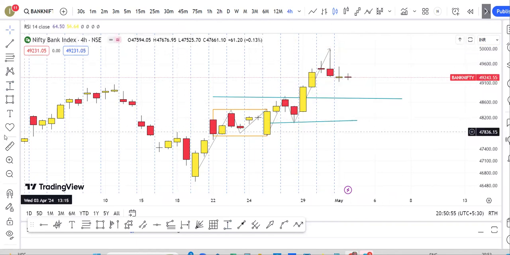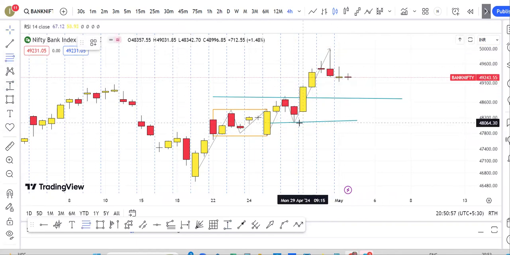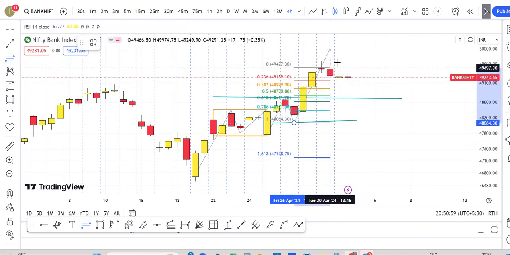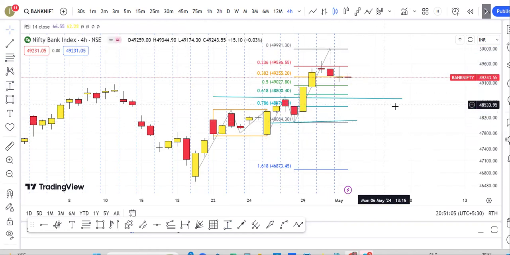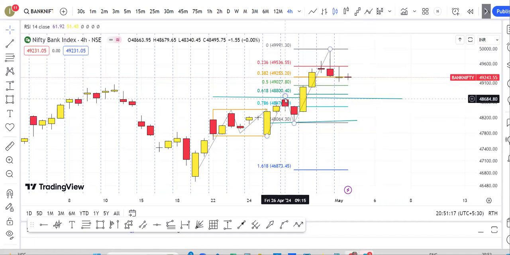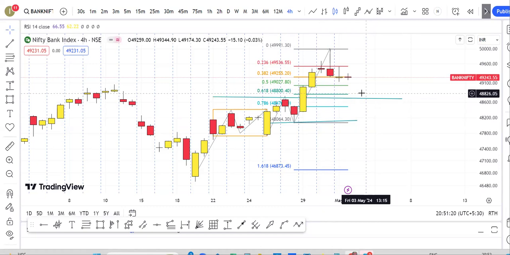So take the fib tool and apply it from this swing low to the swing high. So what should be your anticipation of the retracement of the trade is 0.5, and this is the break of structure, and 0.61.